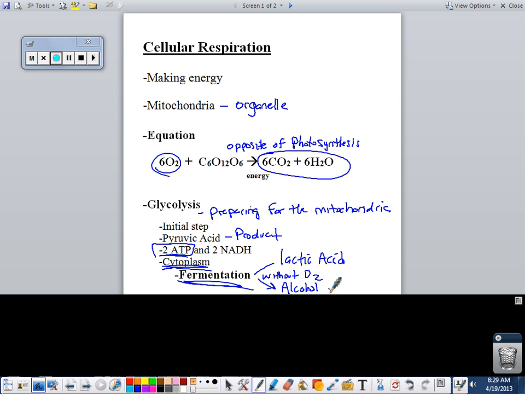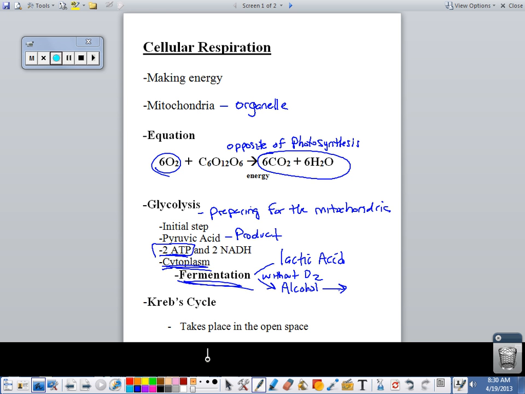Lactic acid fermentation is something that goes on in our bodies. When your muscles don't have any oxygen, when you're working out too hard, you're breathing as hard as you can, but you're not getting enough oxygen to the muscles. Then lactic acid is produced instead of the other products that are needed to make energy. And we also have alcohol fermentation, which is completed to make alcohol, beer, and wine, and all those things that sometimes people drink. So that's the initial step, glycolysis.